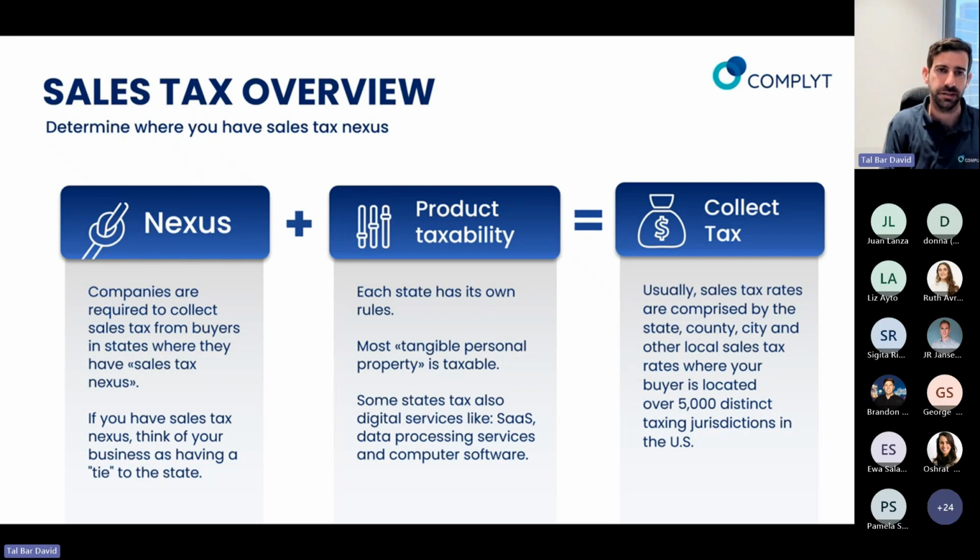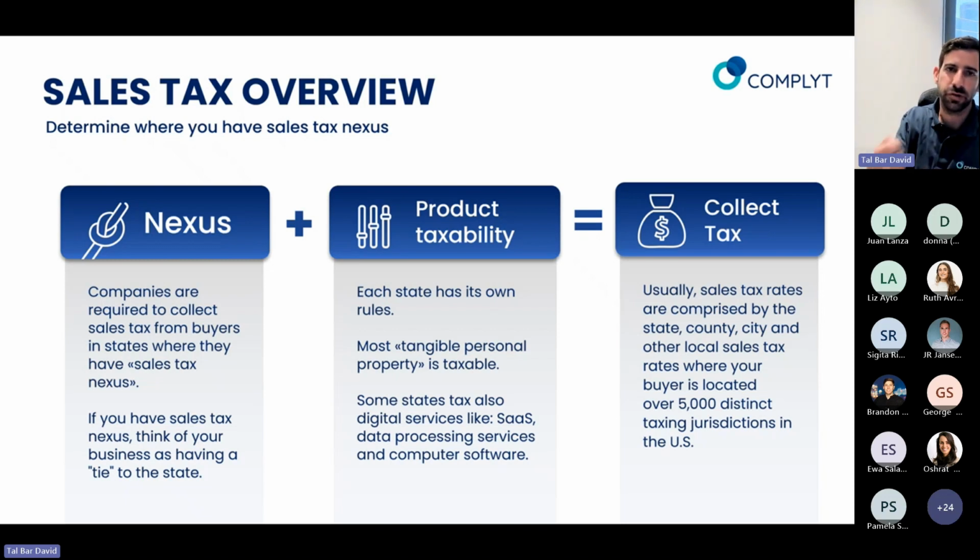But if you realize that you have Nexus and your product is taxable, then you need to collect the sales tax. Now, when we want to understand what the tax rate is, here it becomes more complex, because it's not like VAT where you have a flat rate, because sales tax is state and local tax. And that means that we always need to see the address of our customer and, based on that, calculate the taxes.